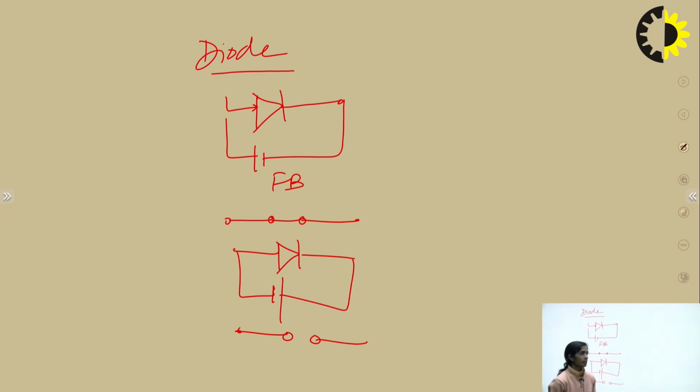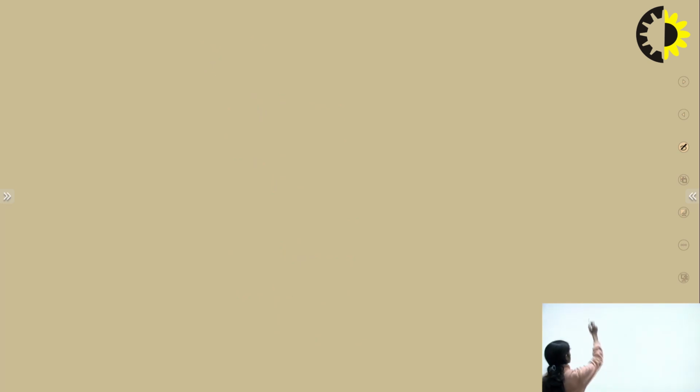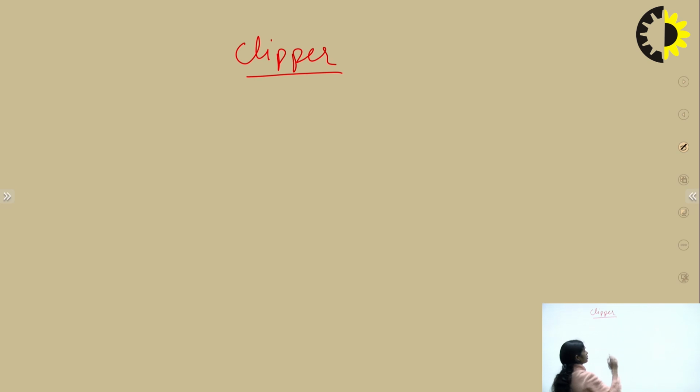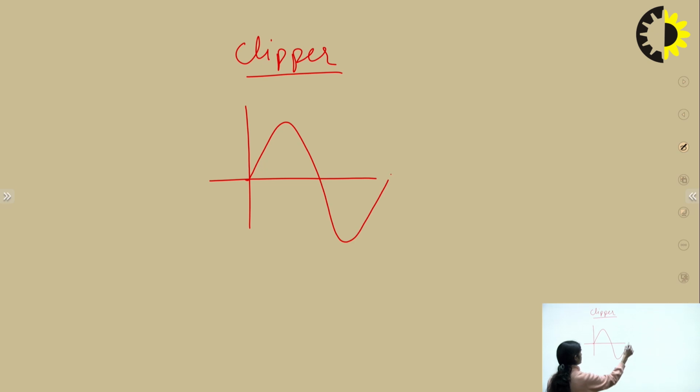A clipper circuit is basically a circuit which clips some portion of the signal, or we can say removes a certain portion of the signal beyond some point. In this signal we can remove the signal at any portion.